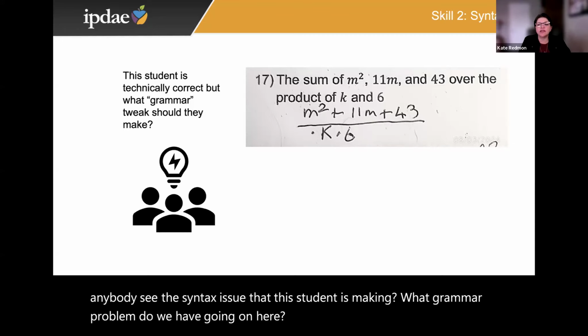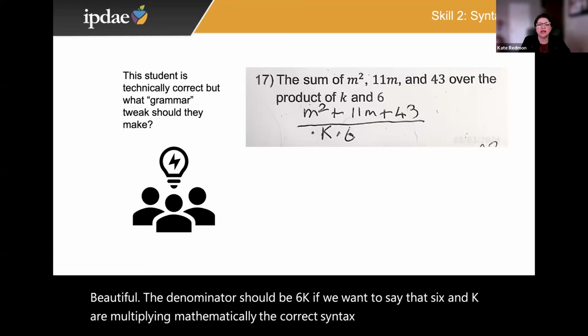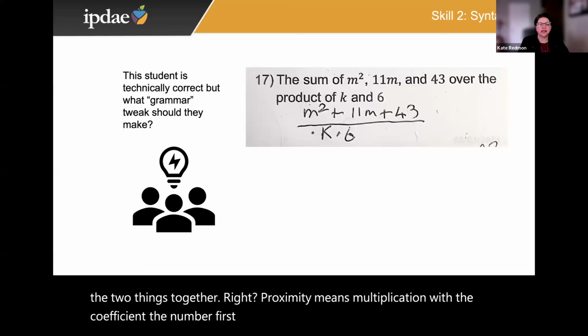Beautiful. The denominator should be 6K. If we want to say that 6 and K are multiplying mathematically, the correct syntax that we use is to shove the two things together, right? Proximity means multiplication with the coefficient, the number first, and the variable, the letter second.